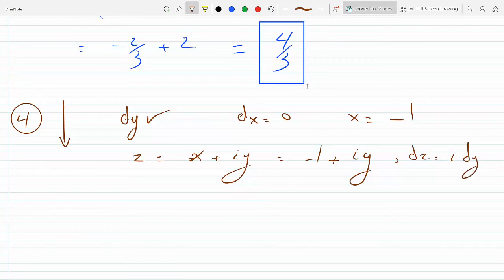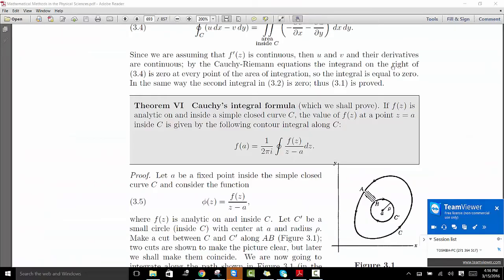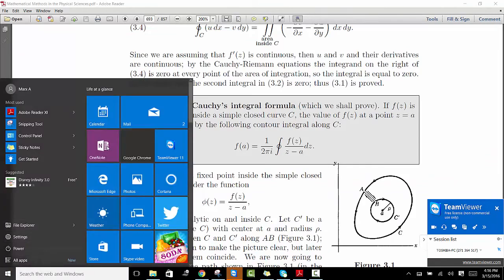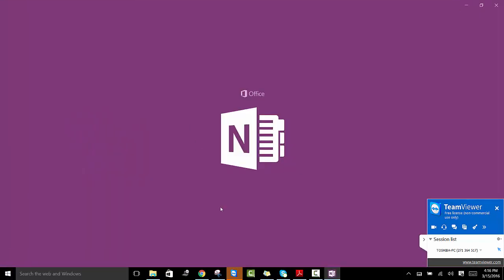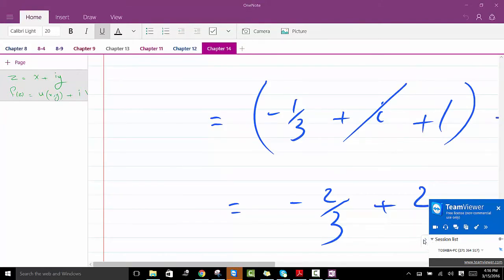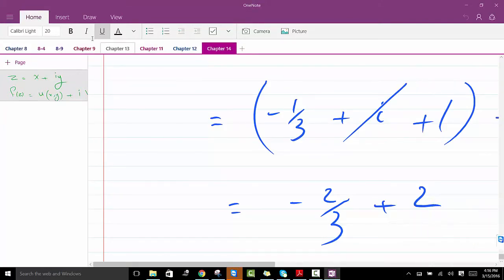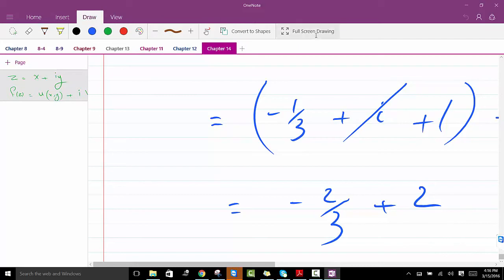And then if we just plug it in, so now we will do z squared dz on path number 4.